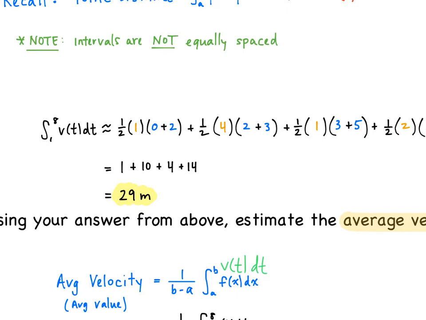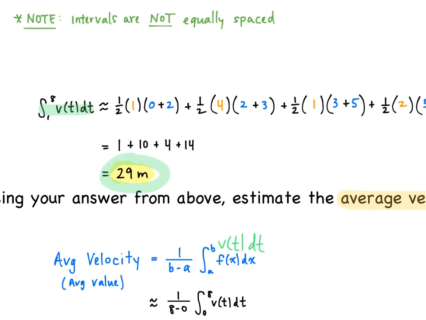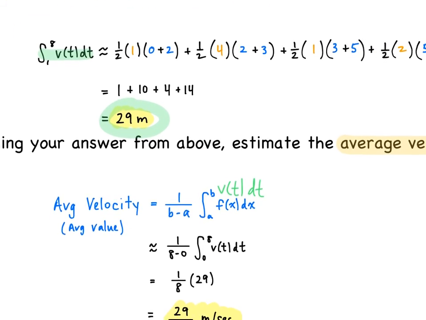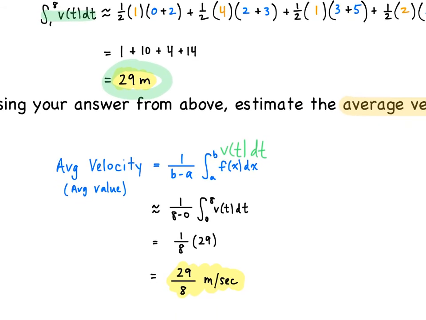So now we can go ahead and use our answer from above, because we know that the integral from 0 to 8 of our velocity is that 29 meters. So we're going to use 1 over 8 minus 0 times the integral from 0 to 8 of our velocity, which from above we found to be 29.